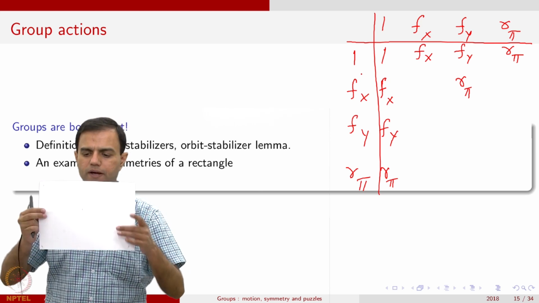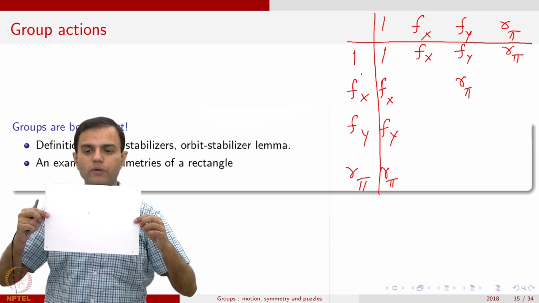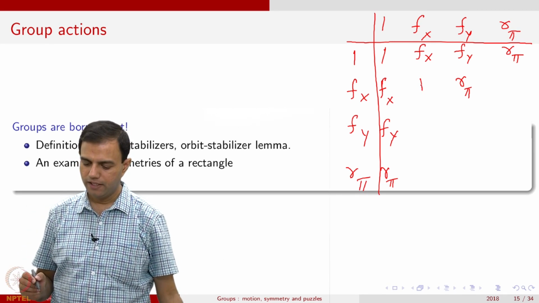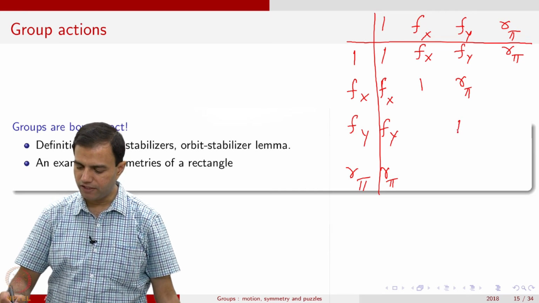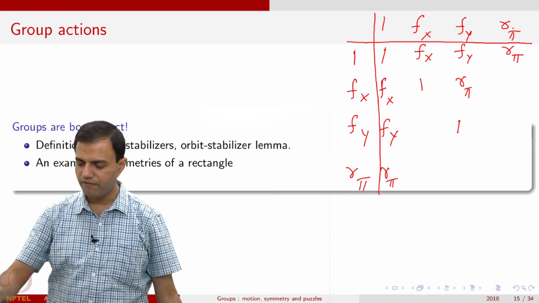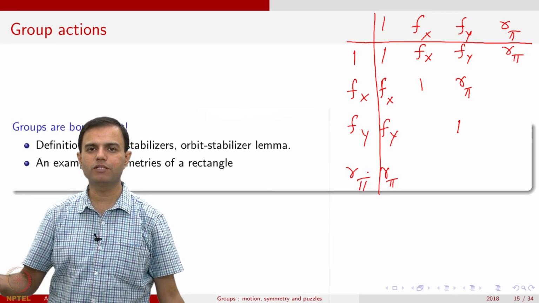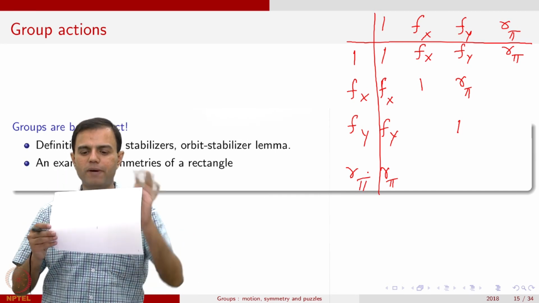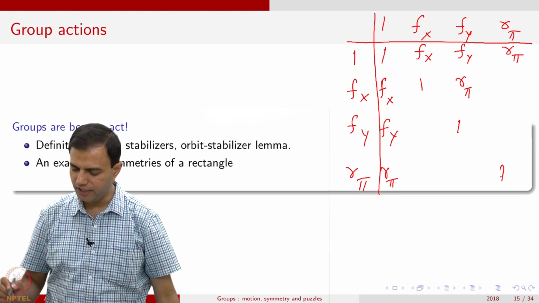That means I am flipping about the x-axis, and once more I am flipping about the x-axis. I am back to identity, so I am writing 1 for that. Similarly, when I compose fy with fy, I have 1, and if I rotate by pi and again rotate by pi, I have rotation by 2 pi, which is just the identity position. So I am again having 1 here.